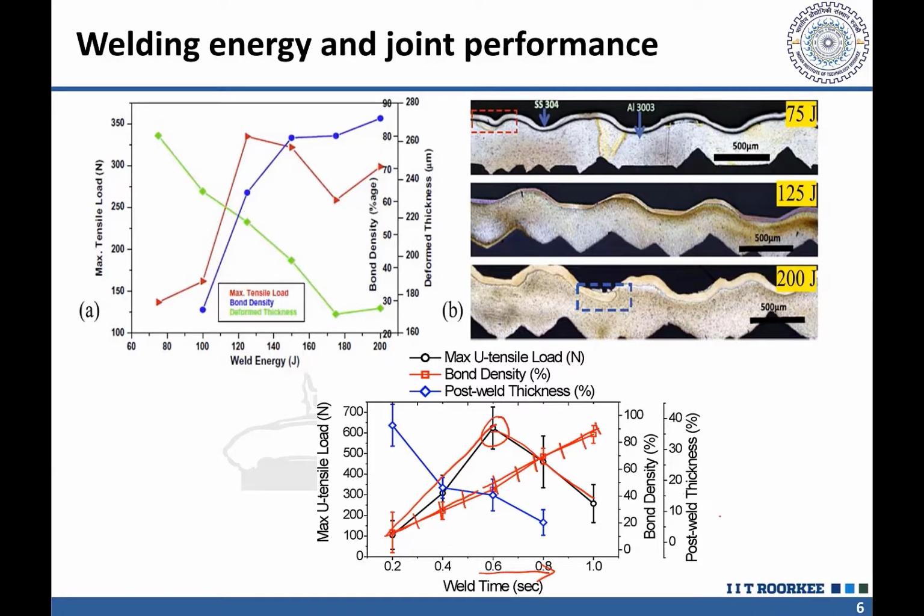At the same time, look at the post weld thickness percentage: when we use less weld time, the thickness percentage is high, say 40%, but this percentage drops very badly, meaning the thinning of the base metal has taken place significantly. That is why we have to have an optimum level of thinning as well as interfacial bonding for the maximum load carrying capacity of the joint.